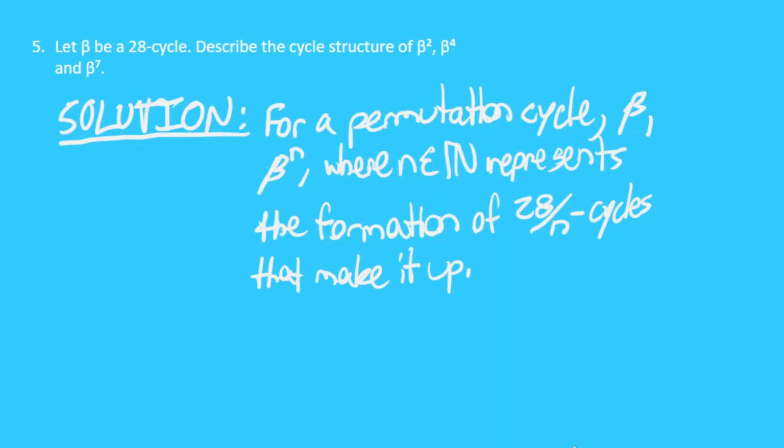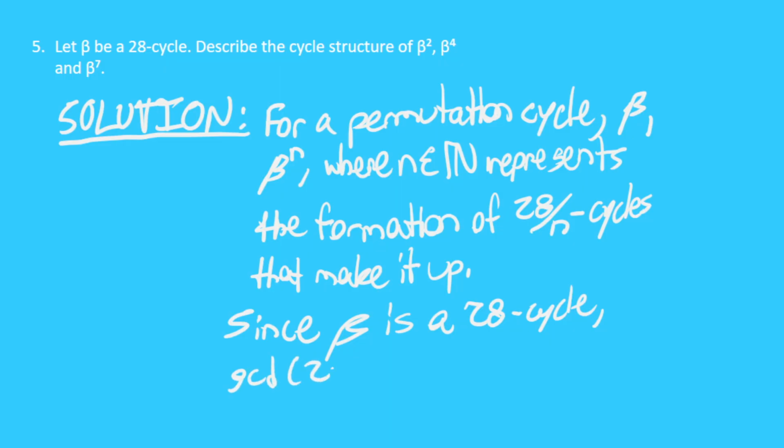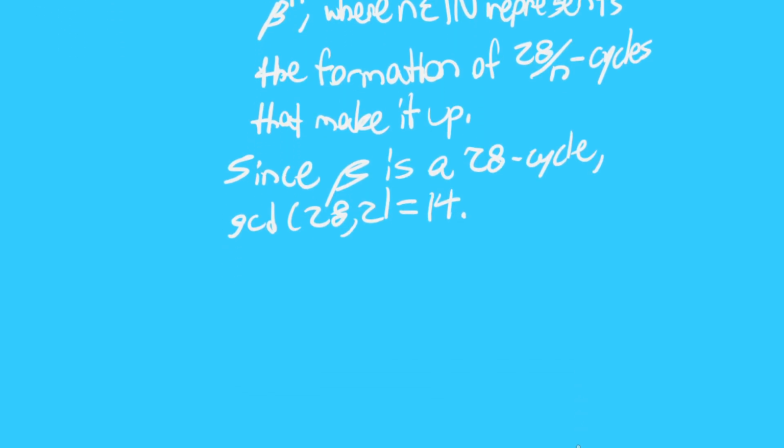So, since beta is a 28 cycle, we have the greatest common divisor of 28 and 2 is 14. So we have beta squared is 14 cycles.